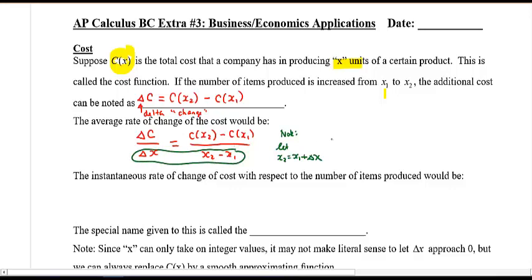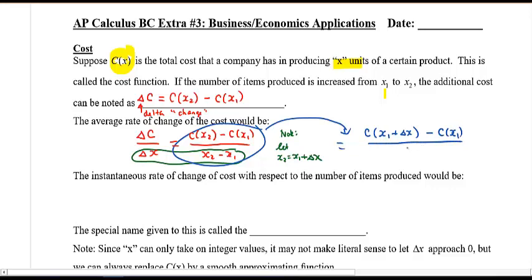Then that whole average rate of change expression would become C of X sub 1 plus delta X, minus C of X sub 1, all over X sub 1 plus delta X minus X sub 1.